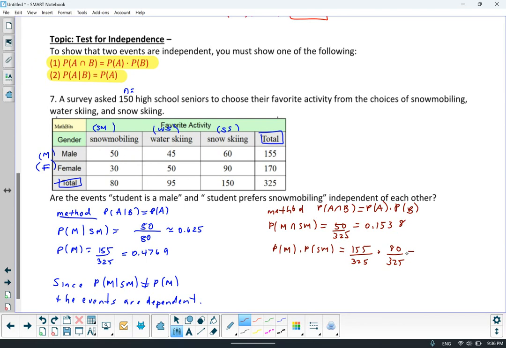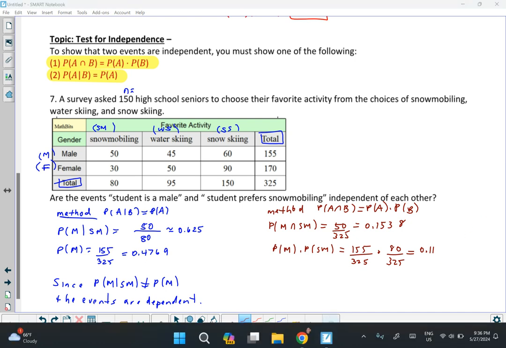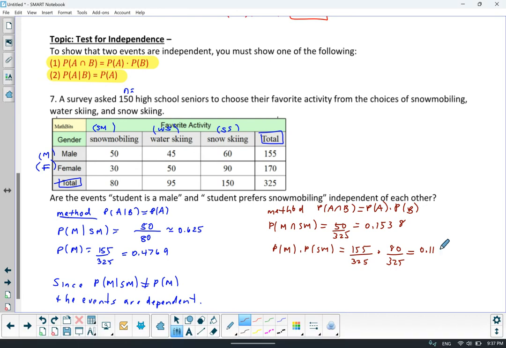And I get about 0.1174. And notice they're not equal, so you have to make a conclusion: since the probability male and snowmobiling does not equal probability male times probability snowmobiling, the events are dependent.